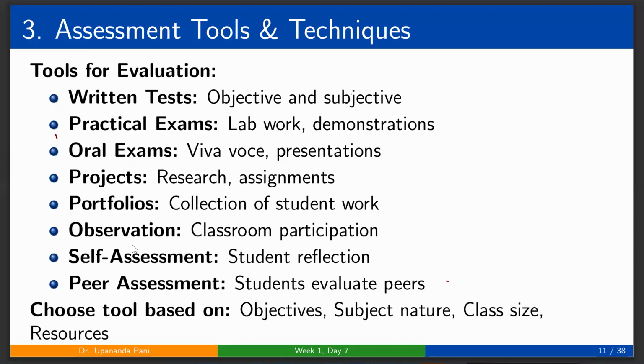So you have all these different types of evaluation. We may be doing only one or two, right? But you can see we can bring a variety of menus for the assessment over here. So you can choose the tool based on the objectives, subject nature, class size and resources.